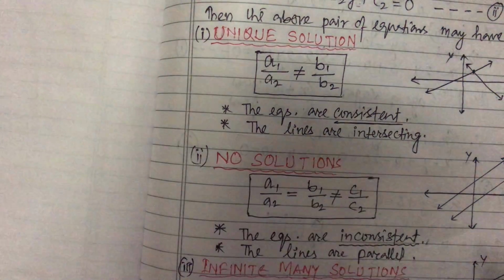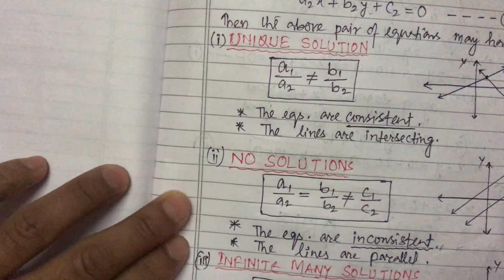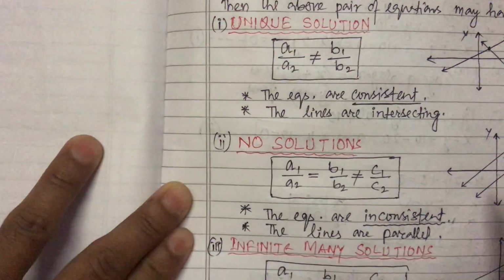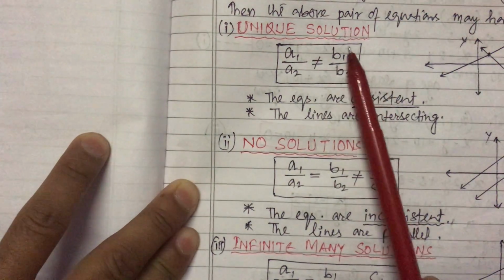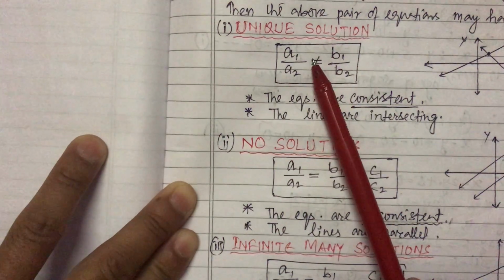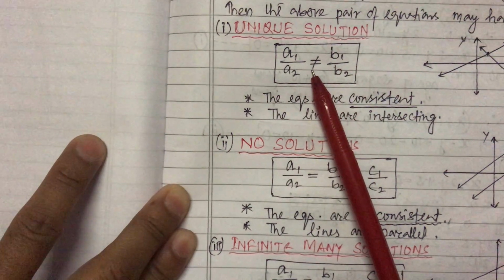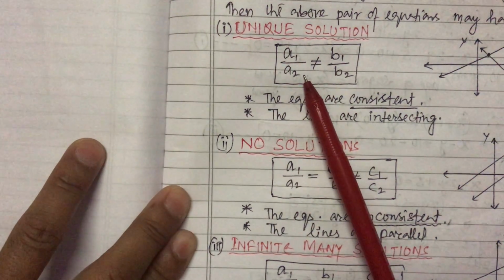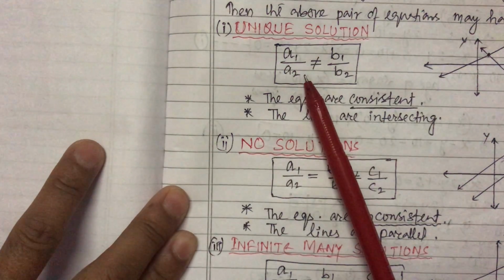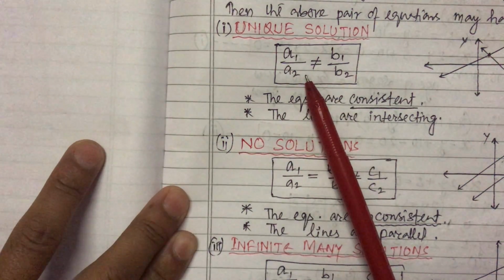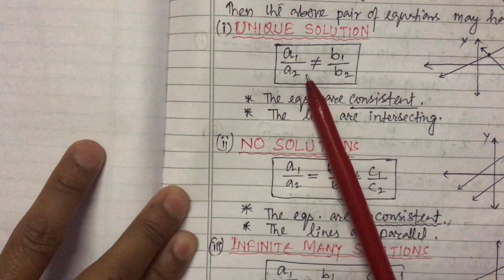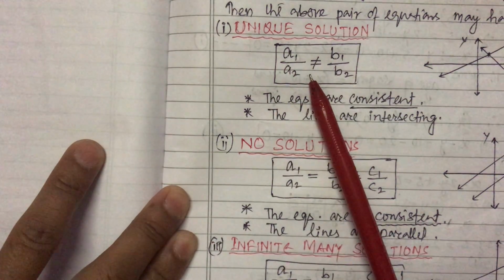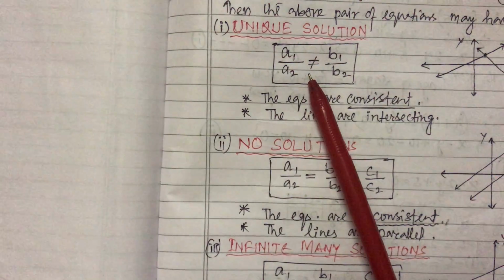And the good thing about this method is that only if I get the unique solution condition, then I need to solve using the algebraic method, because algebraic methods are comparatively a little lengthier than the graphical method. In the graphical method you just need to plot the graph and you'll get the solution, but in the algebraic method you need to solve algebraically.